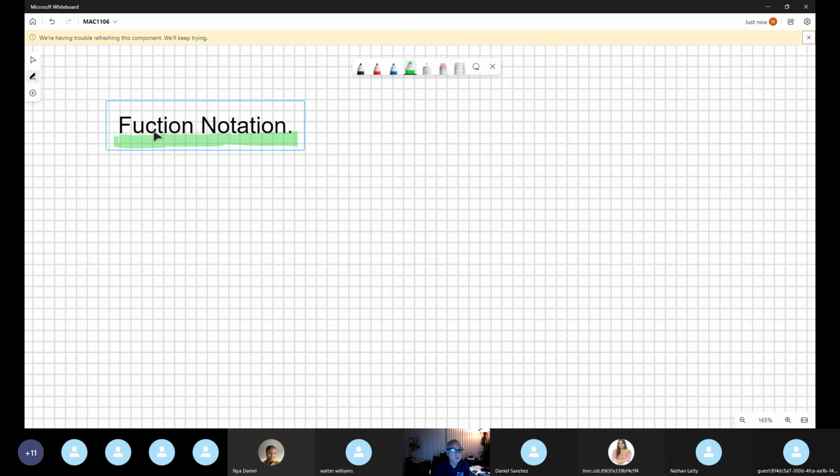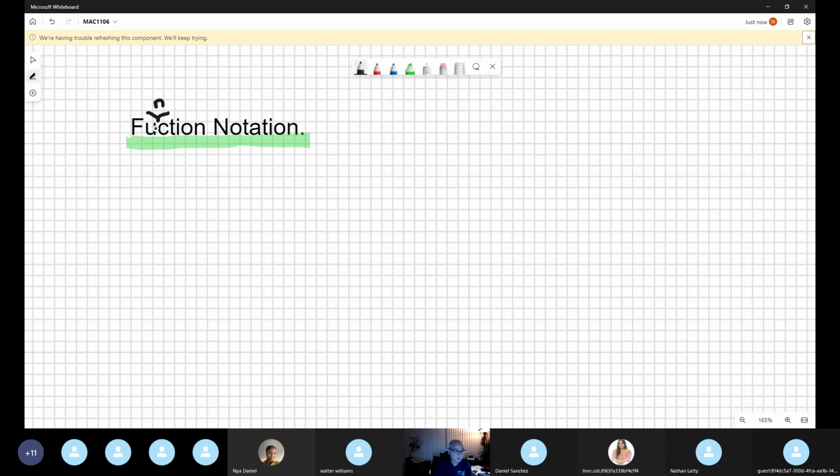Function here. Let me try to fix. I don't know if I can fix. Well, I can, using the pen, no? Function notation. Okay. So now, what's the idea behind function notation?